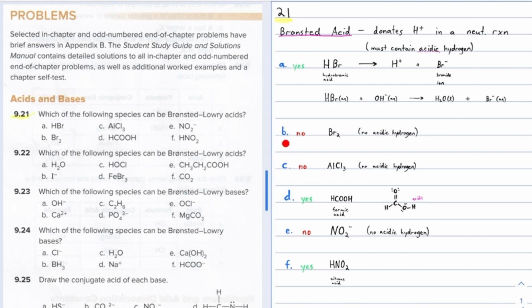The second one is Br2, that does not even have an acidic hydrogen, so I would say no, not a Bronsted-Lowry acid. Neither does the third one, aluminum chloride. There's no acidic hydrogen here. Now, aluminum chloride's kind of an interesting compound.